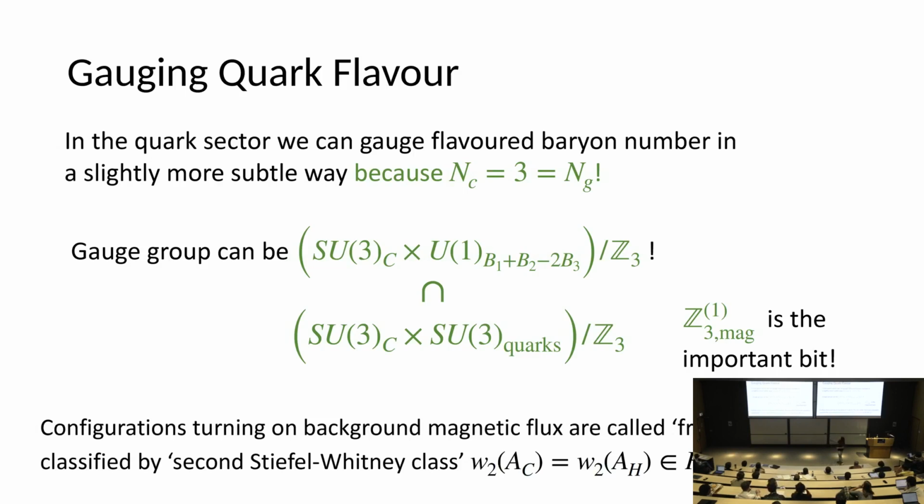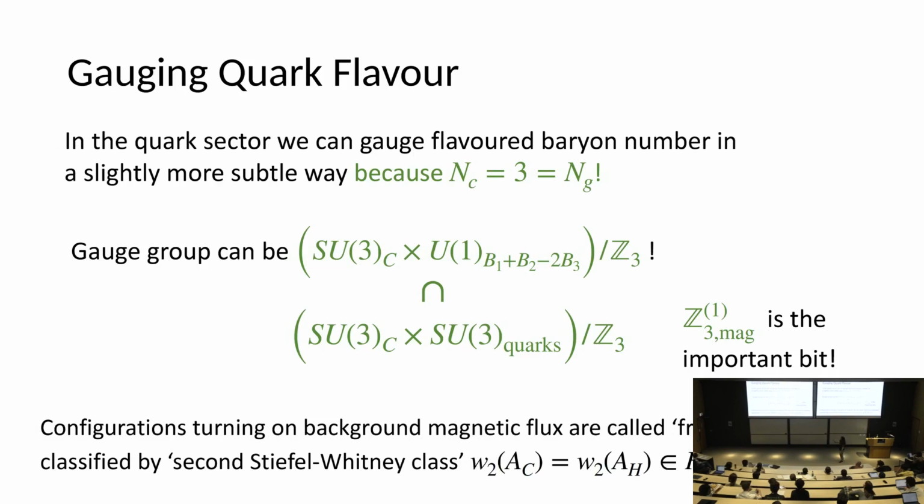And that means I can gauge a combination of flavored baryon number with some non-trivial global structure. Doing that, again, you have a U(1) magnetic one-form symmetry. Actually, the important bit is a Z3 magnetic one-form symmetry, as you can see by, just like in the lepton sector, going through the non-abelian flavor theory of quarks, where there's a shared Z3 center that you can quotient out by, and you have this discrete magnetic one-form symmetry.